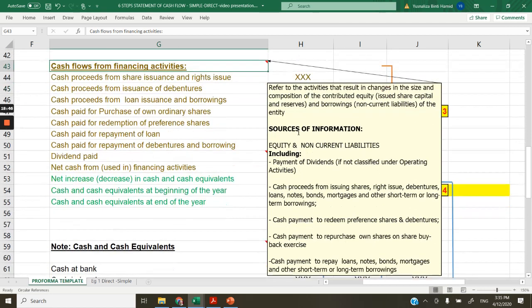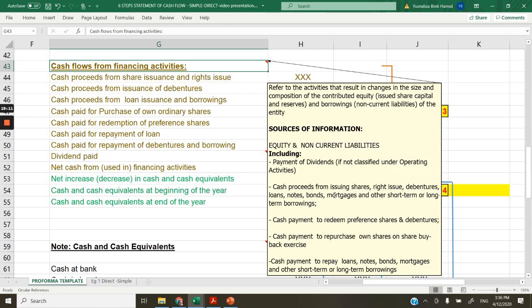Meaning that whatever is using the cash and whatever is bringing in the cash to the company are under financing activities. For example, these are under the standard. It says payment of dividend. It is under financing activities. Cash proceeds from issuing shares.